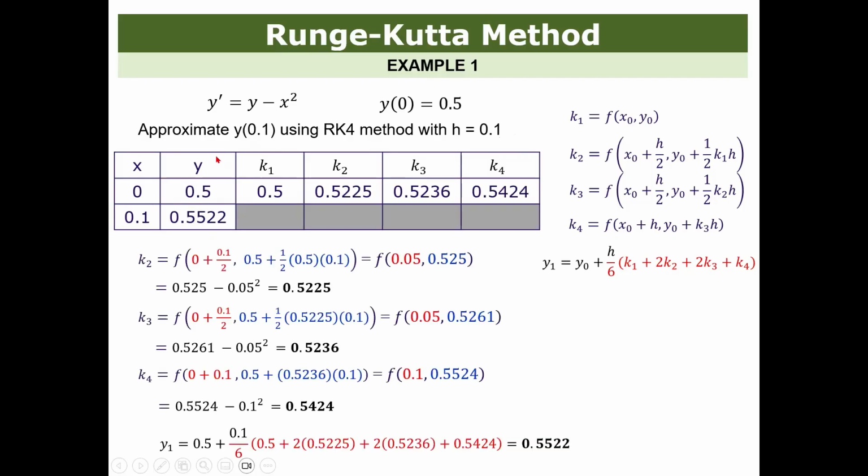Okay, so first thing first, you can substitute the value of y from the initial condition. So y equal to 0.5. Find the value of k. K1 is actually the function of x naught and y naught. So just substitute the value into the ODE and you get 0.5.